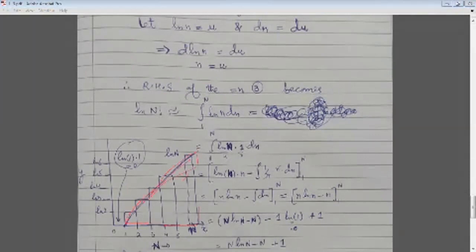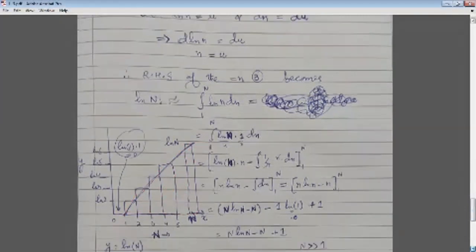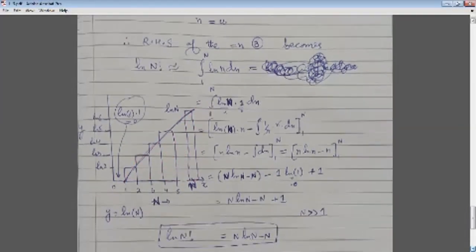So this will be the integral of ln n dn. Suppose ln N factorial is approximately equal to the integral of ln n dn. We have to integrate from 1 to, not 0, it is 1, and the last, higher value is capital N, that is why this is 1 to N.